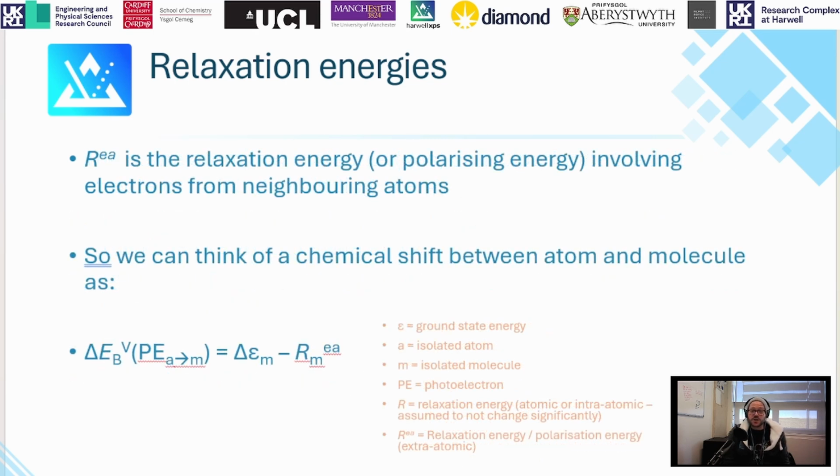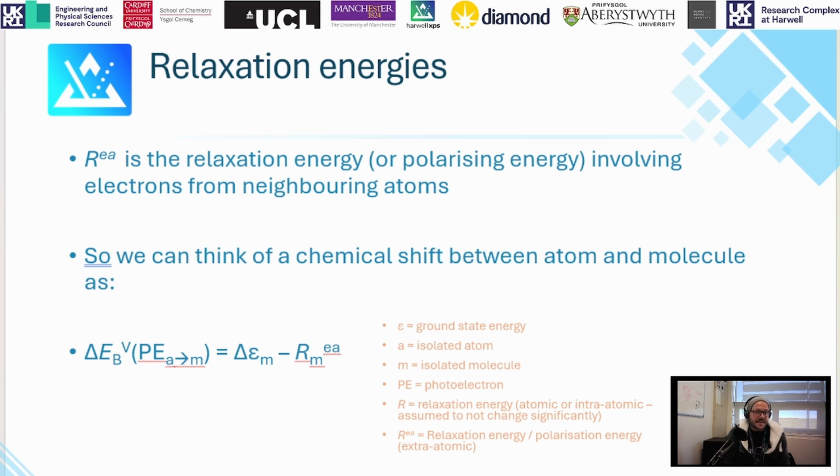This extra-atomic relaxation energy, involving electrons from neighboring atoms, means that we can think of a chemical shift between an atom and a molecule as a shift in the binding energy.